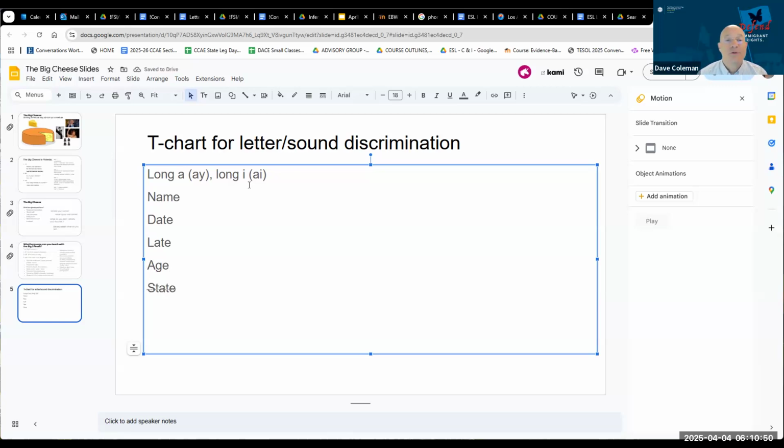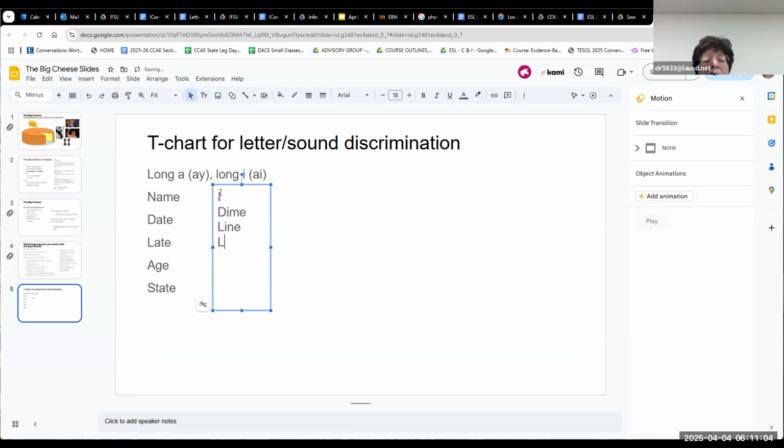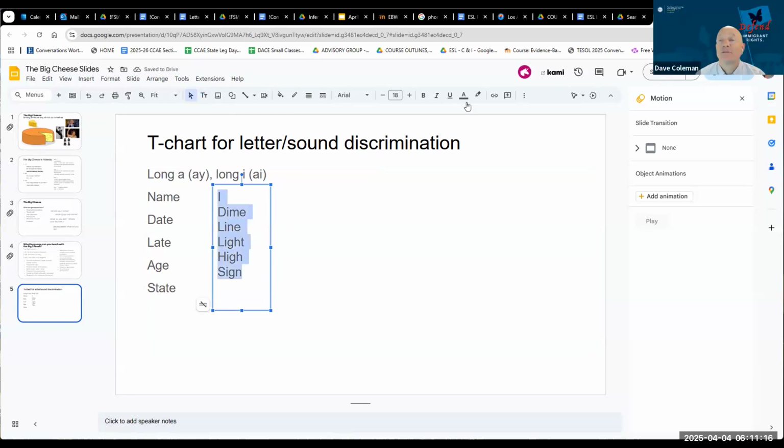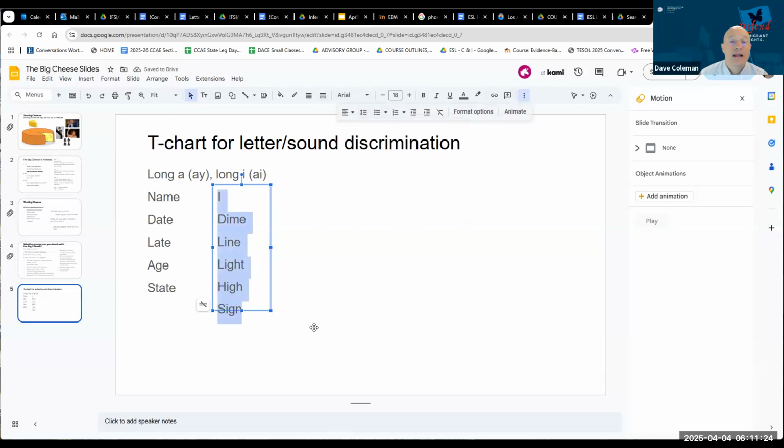And then let's do another list for the long I. What are some words with I? Dime, line, light, high, sign. Good. Okay, so that's probably enough. Let me just do this real quick because I'm a little OCD here. So you get the idea.